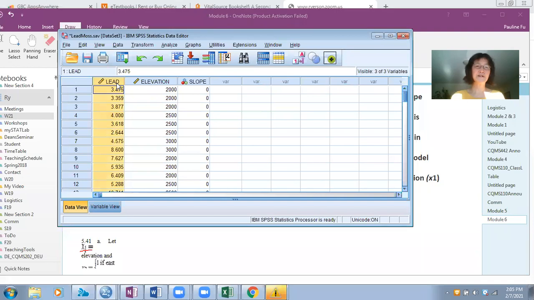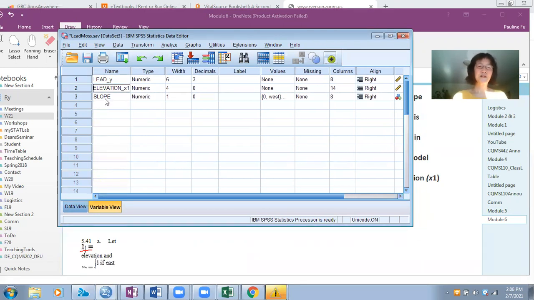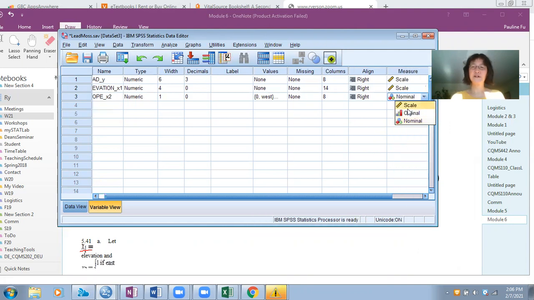You have the lead, okay, and you have the elevation, that is x1, slope is x2. Maybe I will change a little bit of variable name so that you know which one is y. Elevation is x1, and slope is x2. Slope is a categorical variable. See here, it is a categorical variable. Elevation is a scale variable, x1.